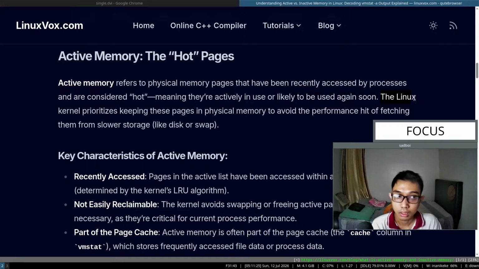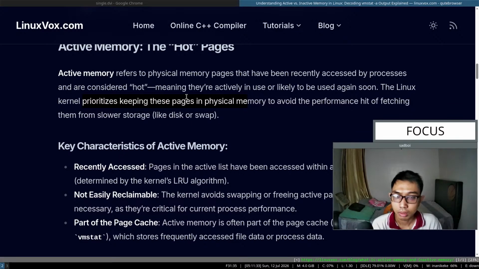The Linux kernel prioritizes keeping these pages in physical memory to avoid the performance hit of fetching them from slower storage like disk or swap.